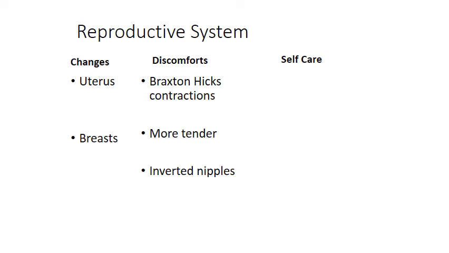The fundus is at the umbilicus at about 20 weeks, or 20 centimeters. They may begin feeling some little contractions every once in a while, which we refer to as Braxton Hicks. Or they may have ligament pain, which is just down in the lower ligaments from the uterus growing and getting bigger. They have what we call ligament pain, and that's normal.